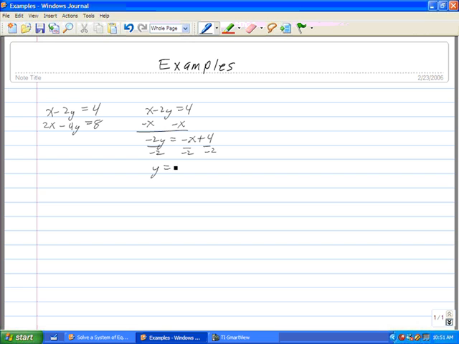Get y equaling, let the negatives cancel, 1/2 x minus 2. On the other one, I have 2x minus 4y equaling 8. Subtract off the 2x. Get negative 4y equaling negative 2x plus 8. Divide by negative 4. Get y equaling 1/2 x minus 2.